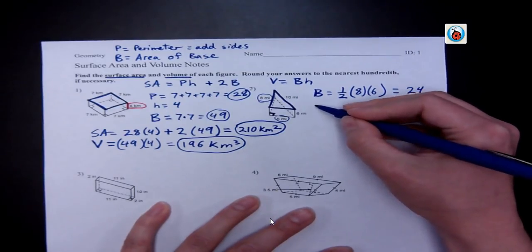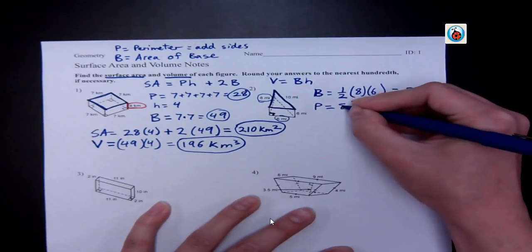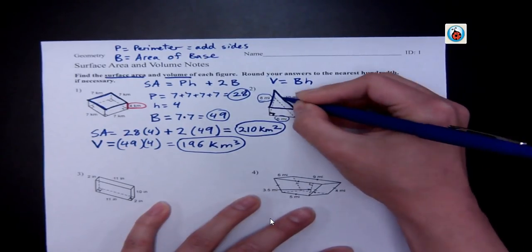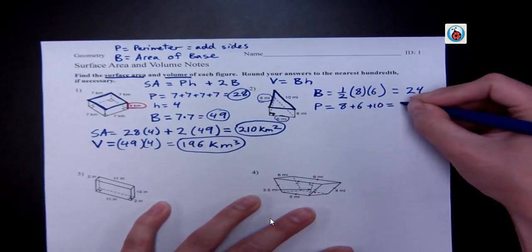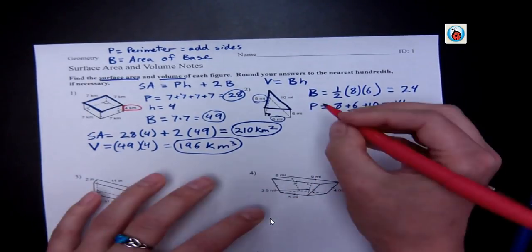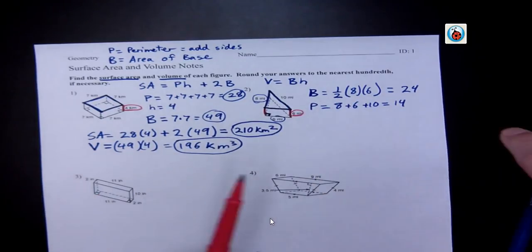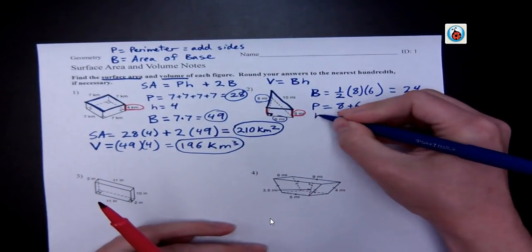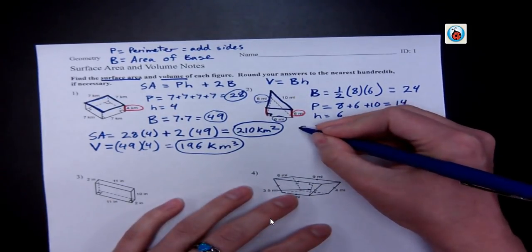My perimeter of the base, I add up all 3 sides, so it's the 8 plus the 6 plus the 10 to equal 24. And then my height is this other side here, the up and down, which is also 6. Now I've found the 3 things I need, so I'm going to plug them into the formulas.